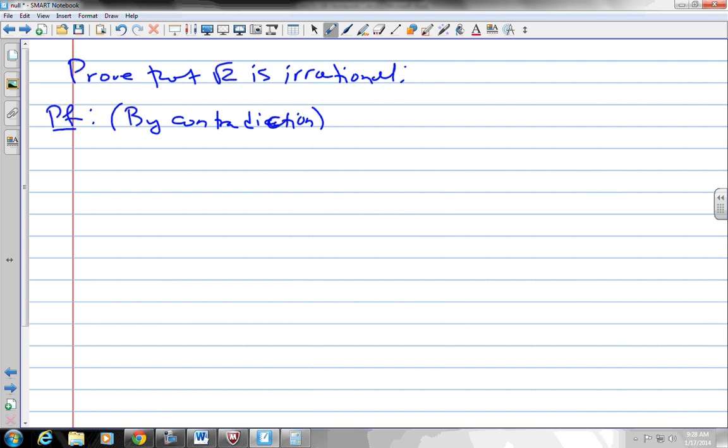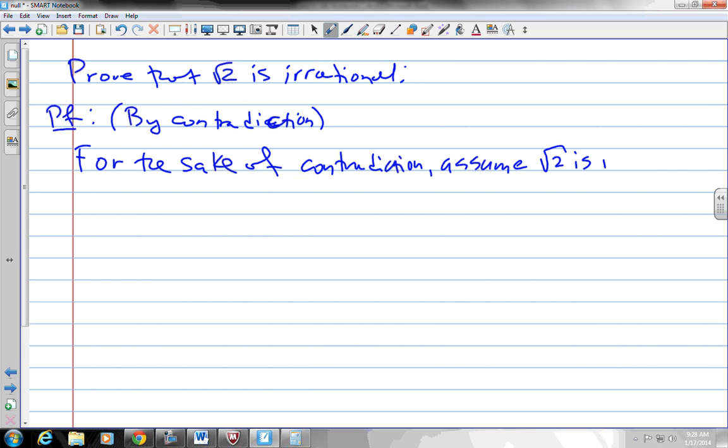So if I'm trying to prove that square root of 2 is irrational, and I want to do it by contradiction, what am I going to assume? Square root of 2 is rational, right? I'm going to assume the opposite. So for the sake of contradiction, assume that square root of 2 is rational.